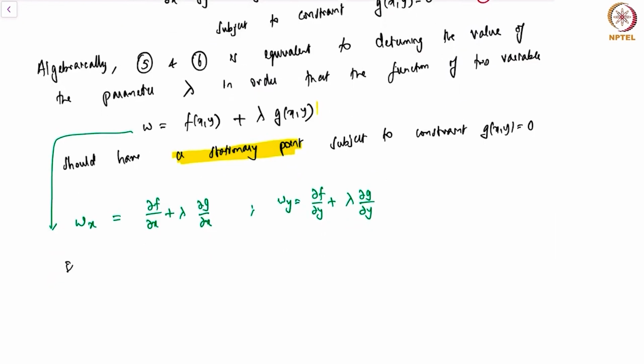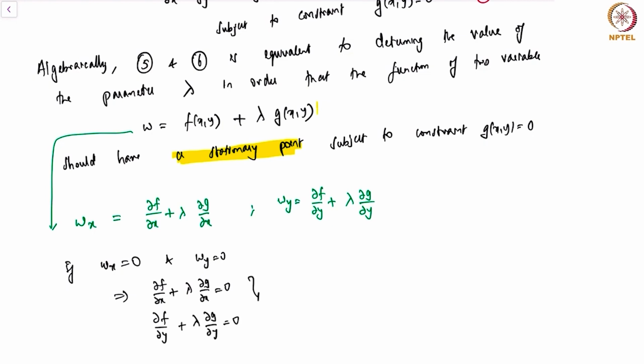If W_x is equal to 0 and W_y is equal to 0, this essentially means del f by del x plus lambda del g by del x is 0, and del f by del y plus lambda del g by del y is 0.